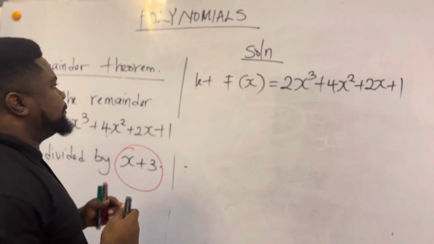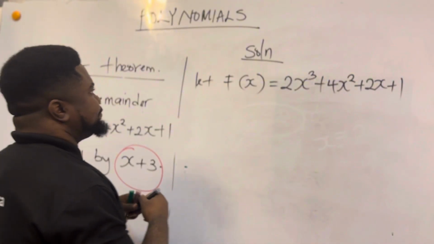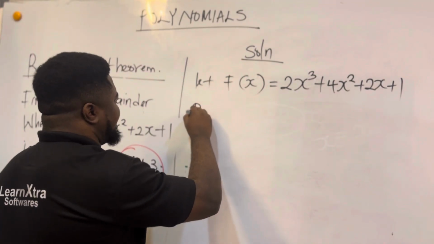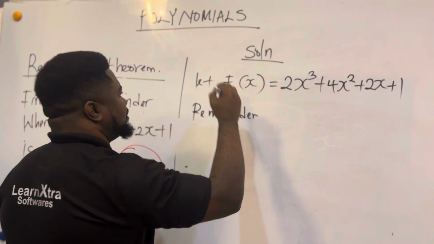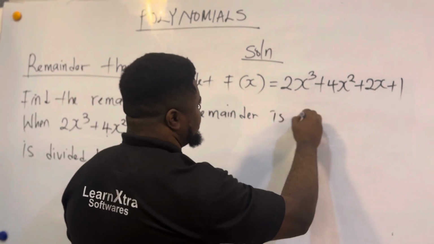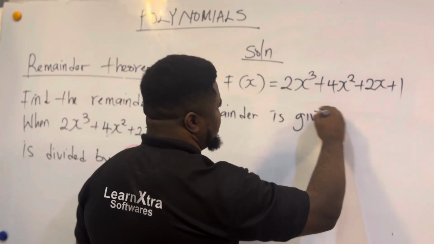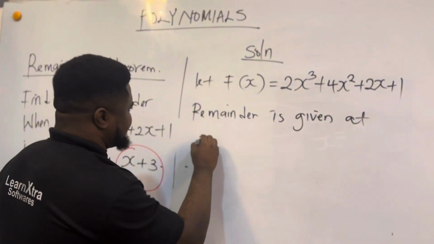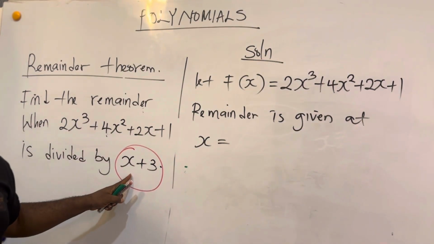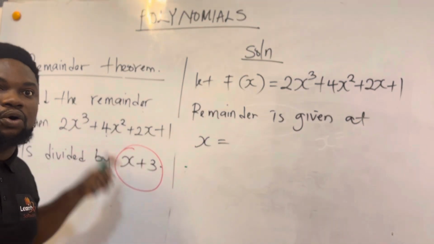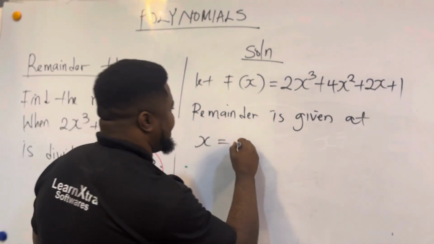Okay, now the remainder is given at x equal to what? The value that makes the divisor 0, and that is minus 3.